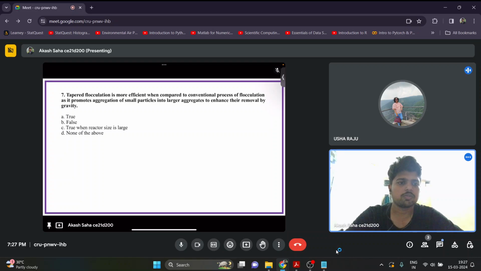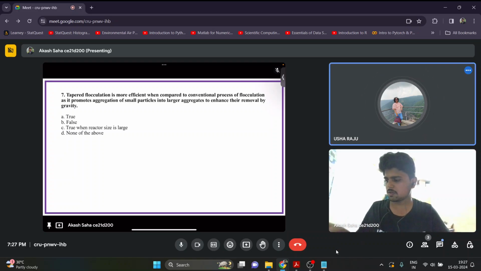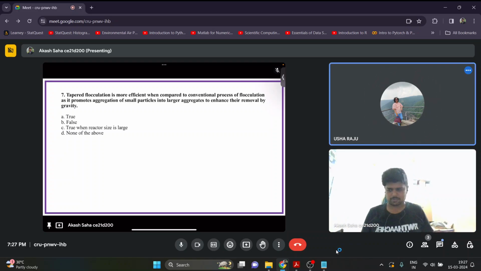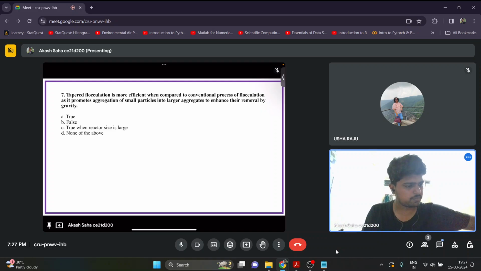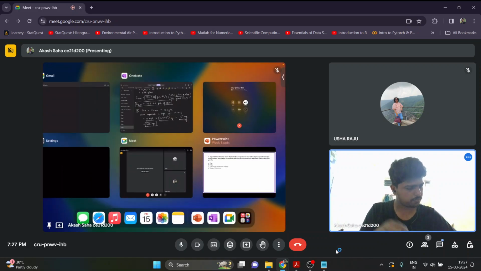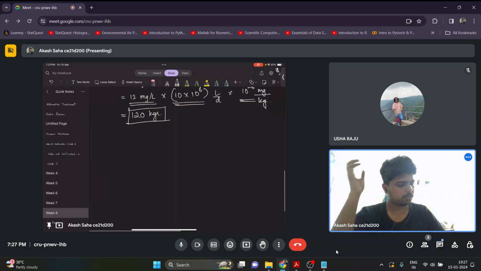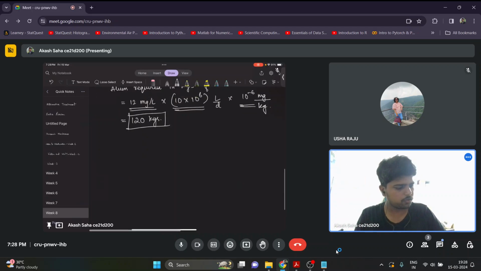Can you please repeat again? Okay, wait, I will make a note of it. So we can say the flocculation is basically governed by the G values.